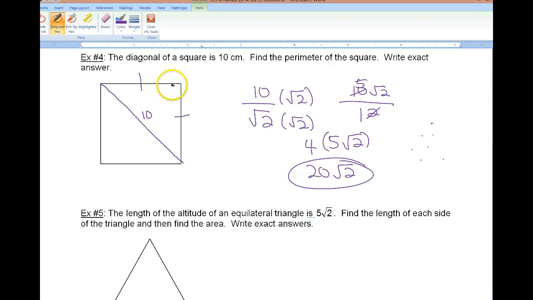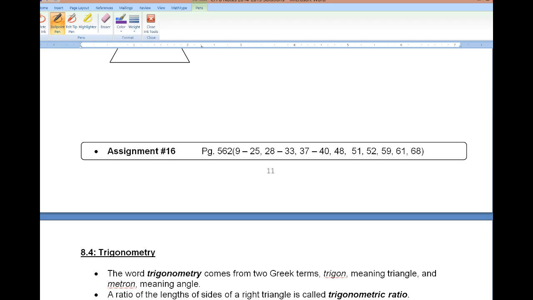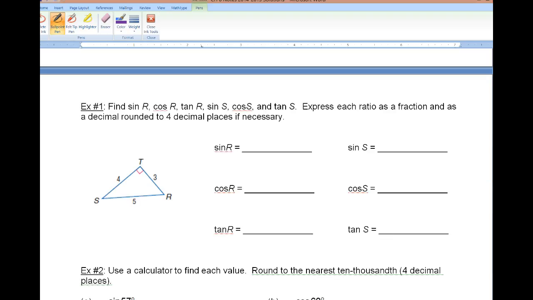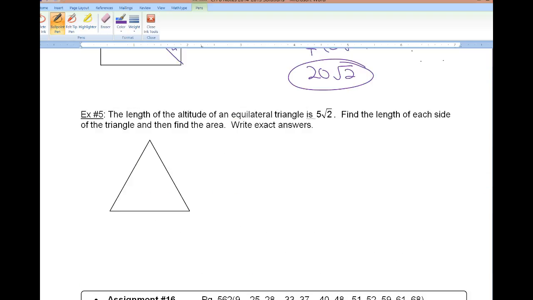Oh, I'm gonna make it prettier. Can I do the next one? Miss Casey. Oh, I did it. 5 root 2 times 4. I don't know how to scroll back up.